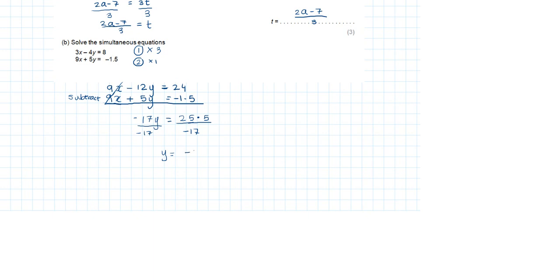Okay, once I've got my y value, I'm going to substitute it back in the equation. You can choose 1 or 2. I'm going to choose equation 1.